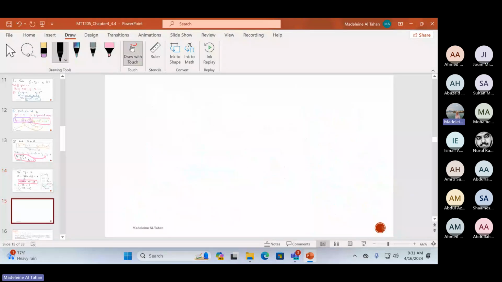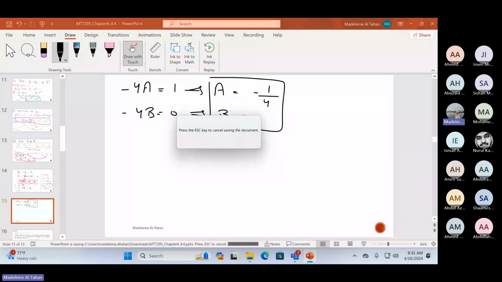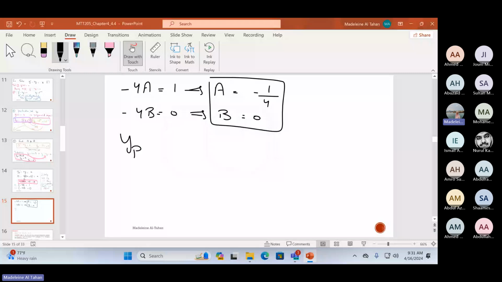So minus 4a equal 1, it means that a is equal to negative 1 over 4, and negative 4b equals 0, it means that b is equal to 0. Right, miss? Remember, yp equals ax plus b.